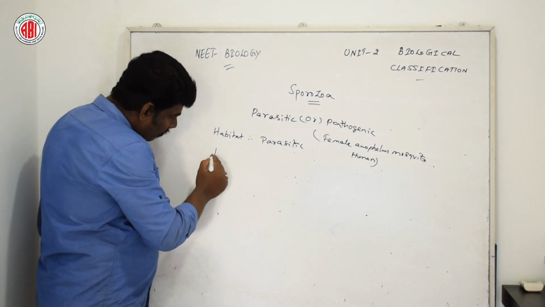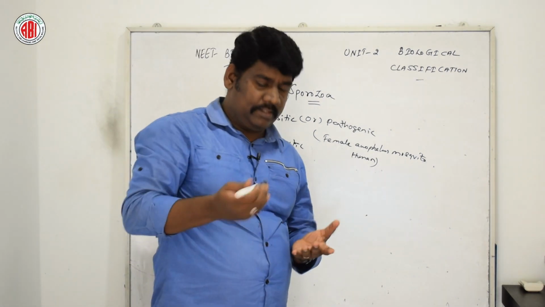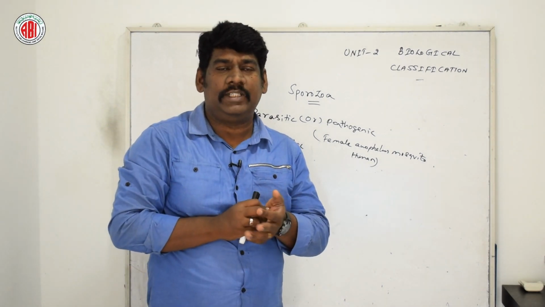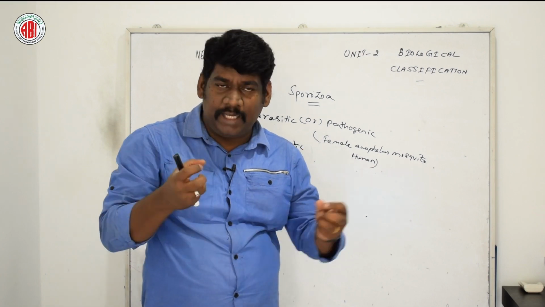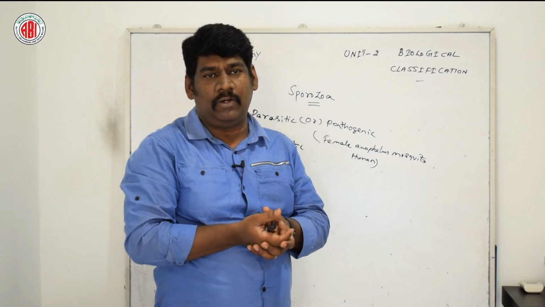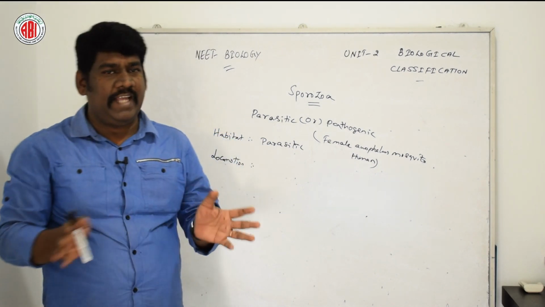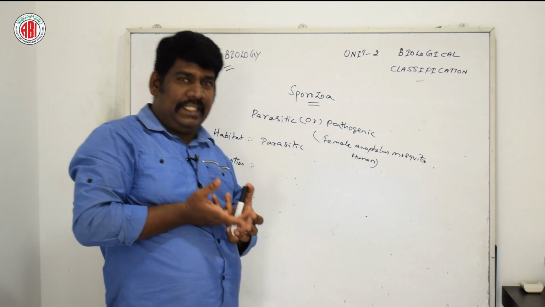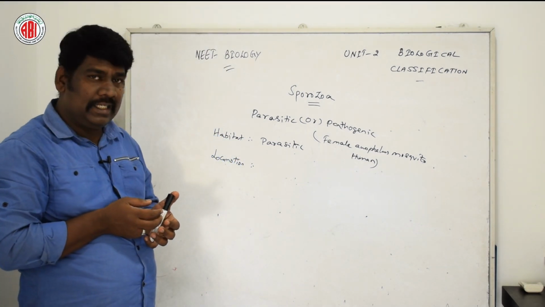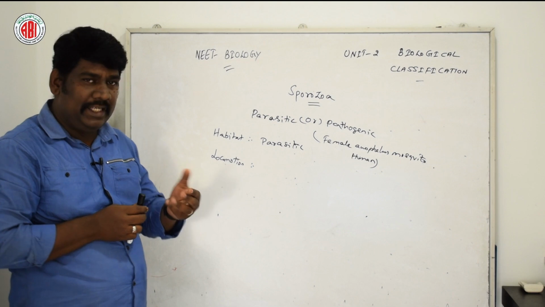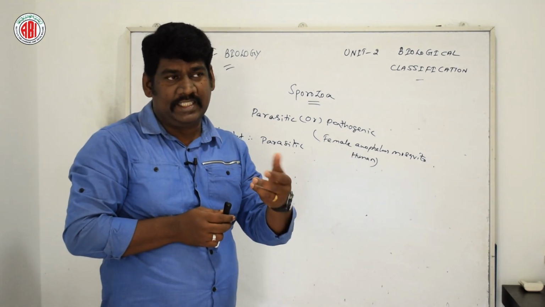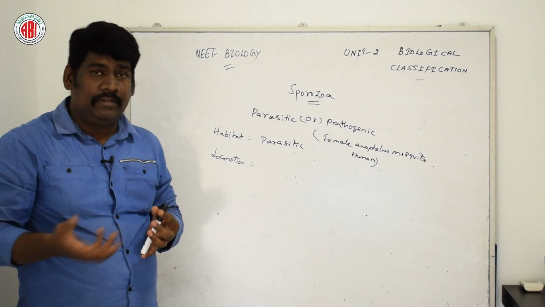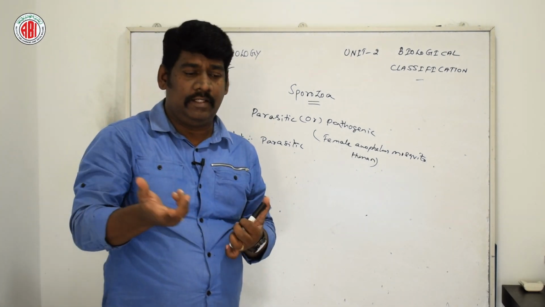Next, talking about locomotion. Locomotion is nothing but movement or motility. The organelles for locomotion and capturing of food are exclusively absent due to its parasitic life. Though it survives as a parasite, it does not possess locomotory organelles, for example external apparatus like cilia or flagella, or false feet called pseudopodia.